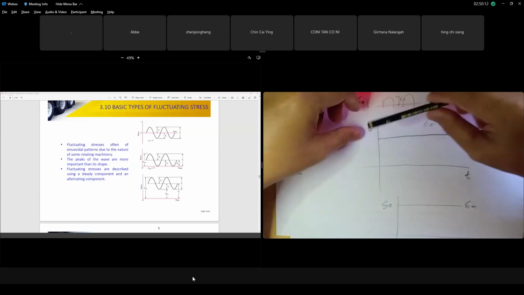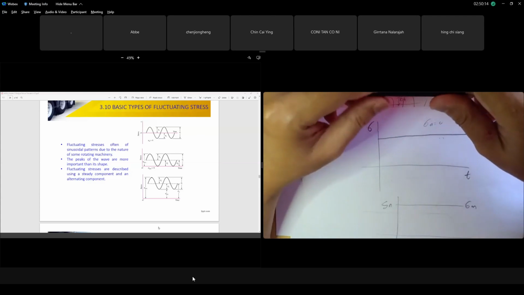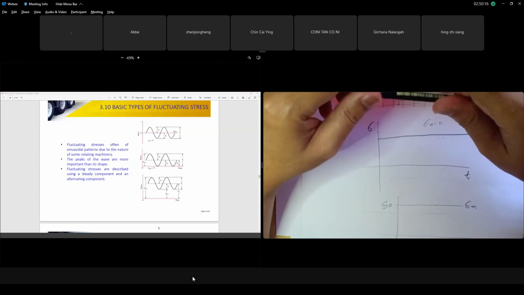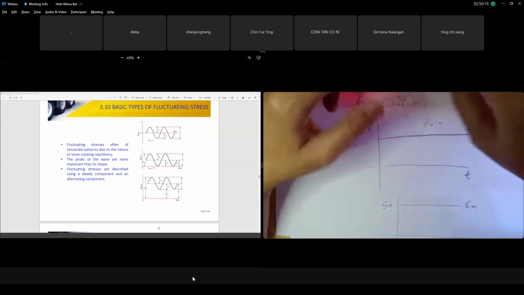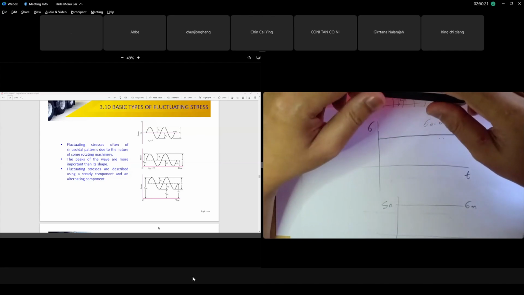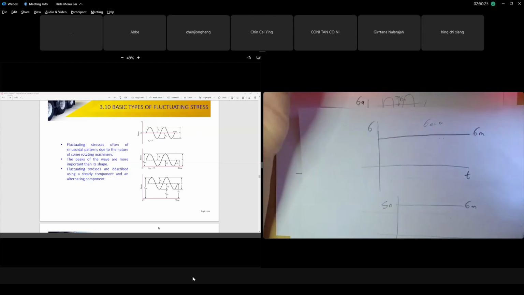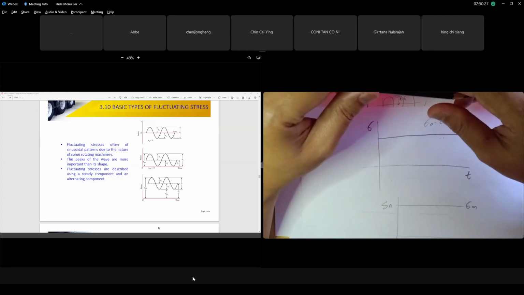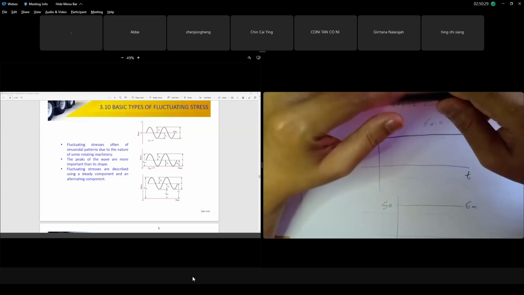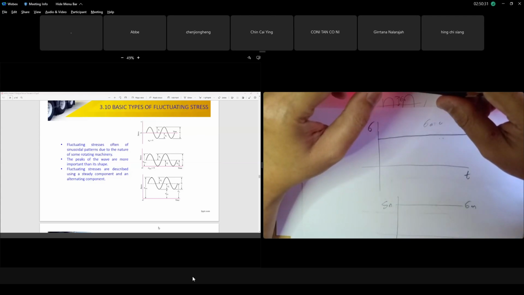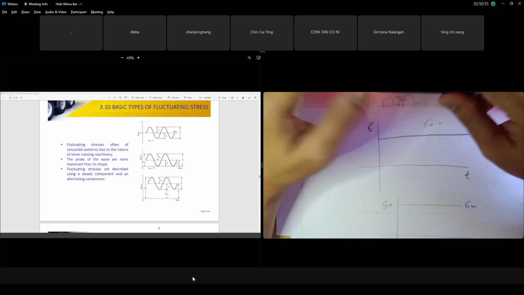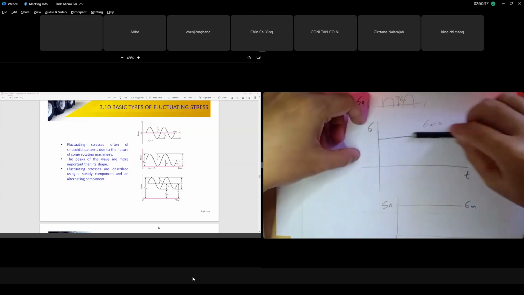Okay, over 2, right? Your sigma max has the same value. Sigma mean is sigma max plus sigma minimum over 2. If static loading, you have sigma mean only. Mean, average, that's your sigma. Because sigma mean is what? Sigma max plus sigma minimum over 2. It's the same value as your sigma. Right? Divide by 2. Clear? Yeah, static loading means you have sigma.